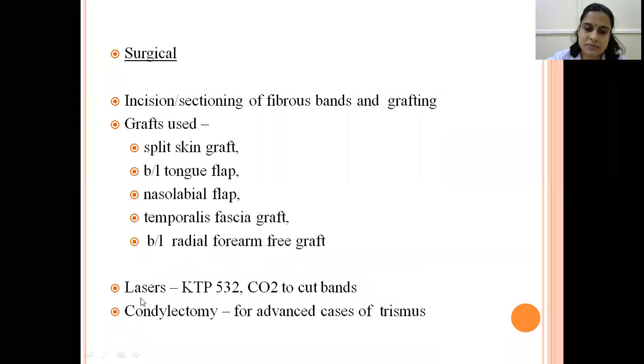Laser excisions, carbon dioxide, to cut the fibrotic bands. You may also do this to relieve the trismus. In advanced cases of trismus, you may also have to do condylectomy. So this is the management of oral submucosal fibrosis.